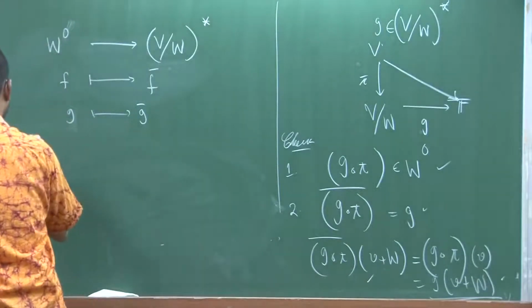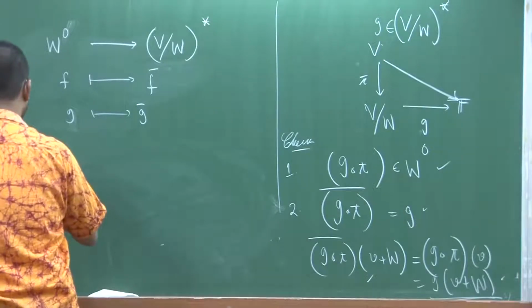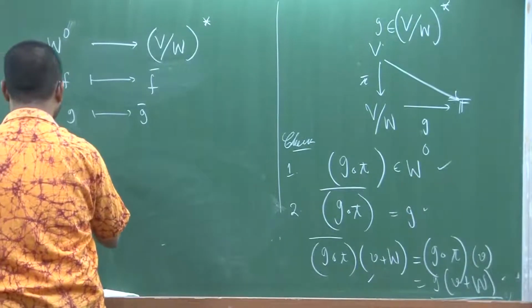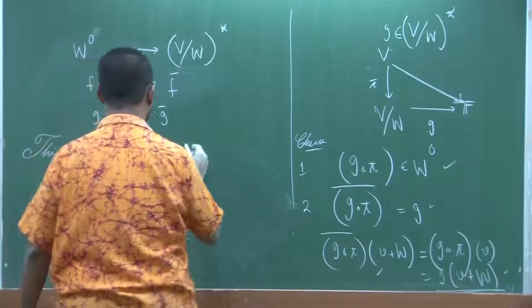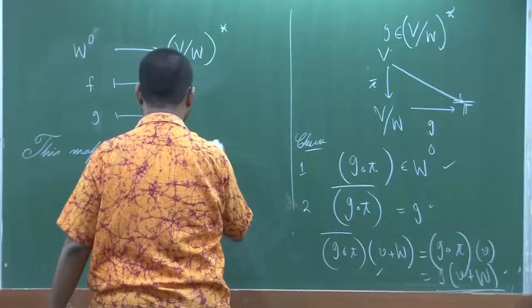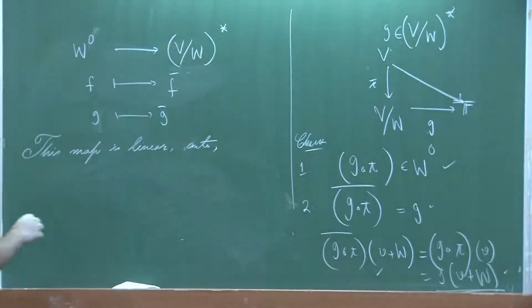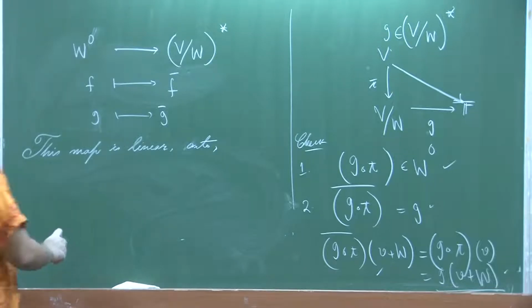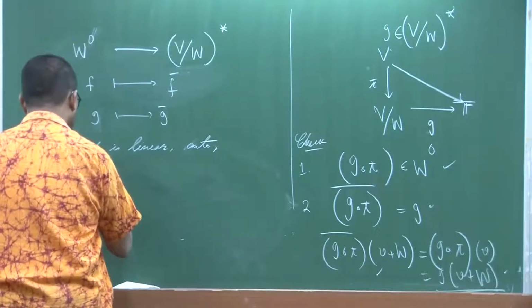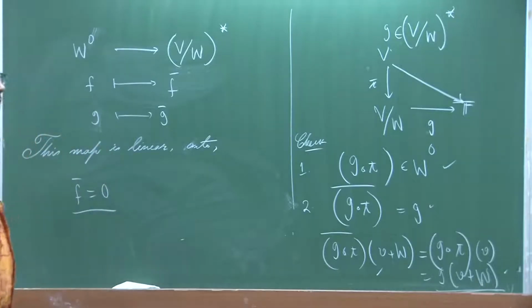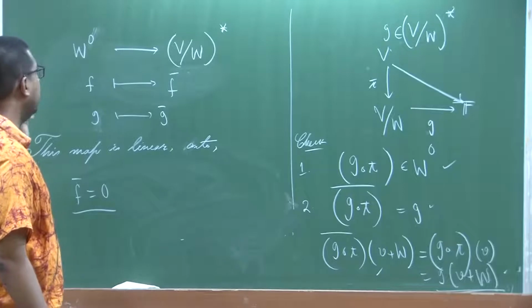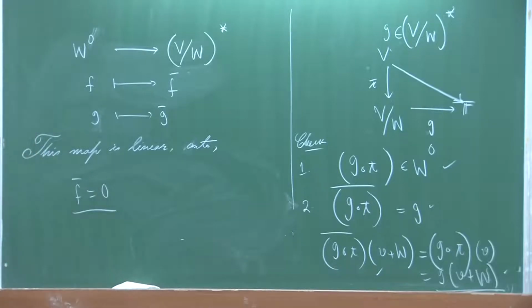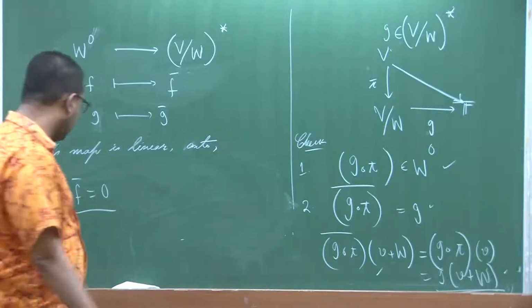So, this map is linear, surjective, onto, and then what about one-to-one? In order to show something is one-to-one, what we have to show is that if f bar is 0, then f has to be 0. That is what we are supposed to show.